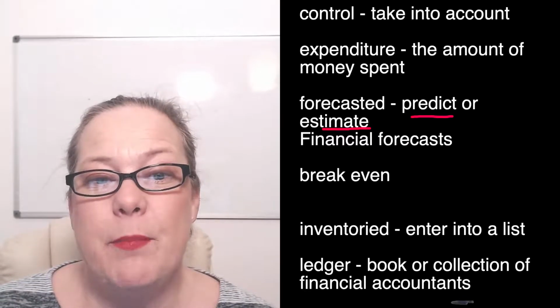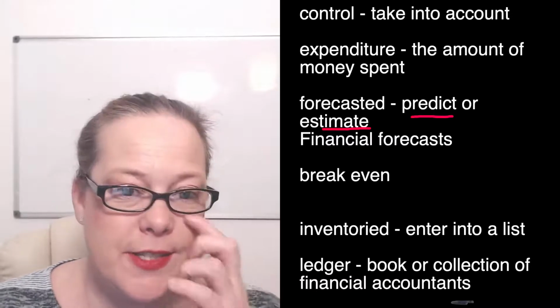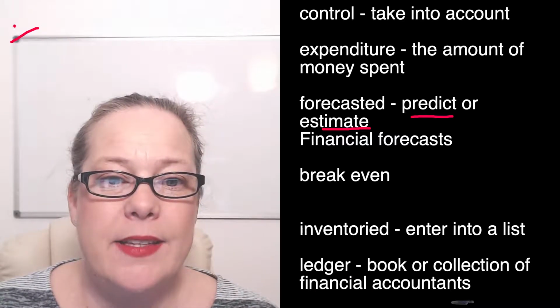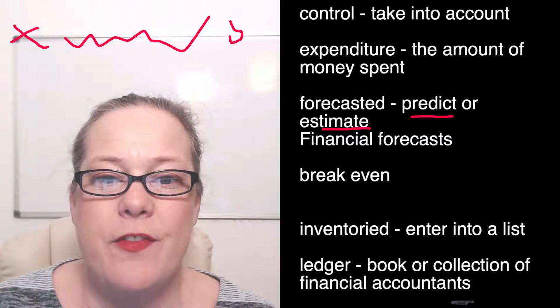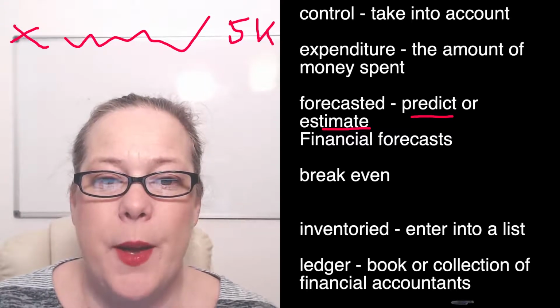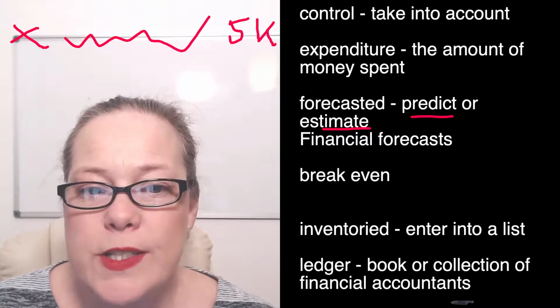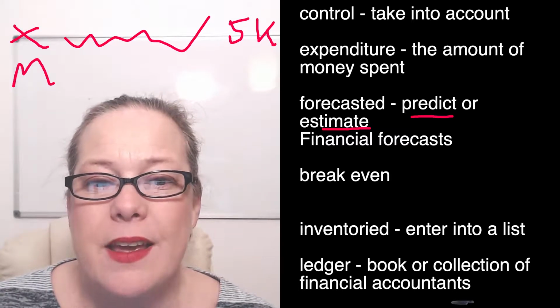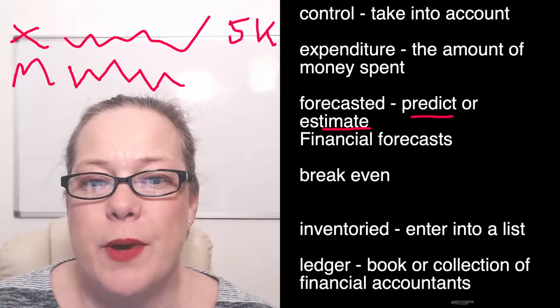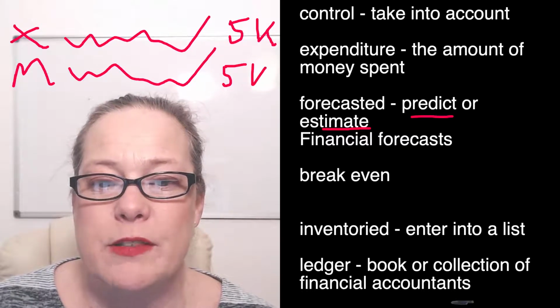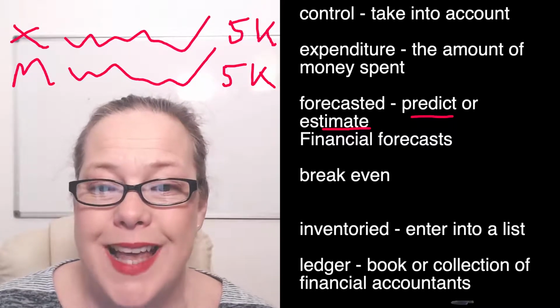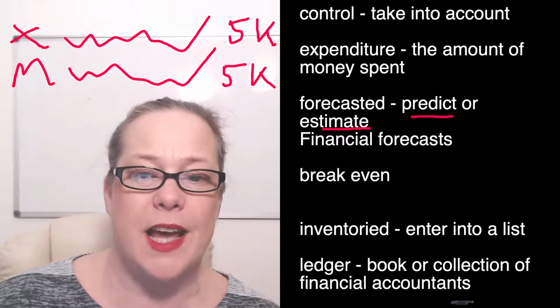So when a company breaks even, let's just say they spend this amount of money, okay? So maybe 5,000. But they also make this amount of money. Maybe they make also £5,000 in sales. 5k means 5,000.